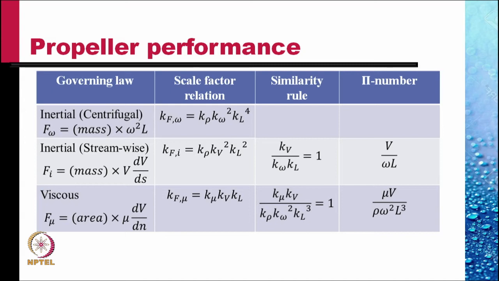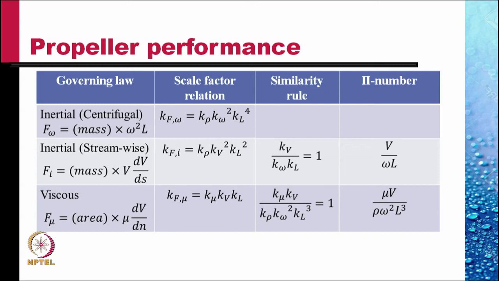The first one is the centrifugal inertial force, which would be mass times omega square L. So the scale factor for the centrifugal inertial force would be K rho, K omega square, K L raised to power 4. The streamwise inertial force is mass times the streamwise acceleration, which is V dV by ds, and that gives you a Kfi of K rho, K V square, K L square.